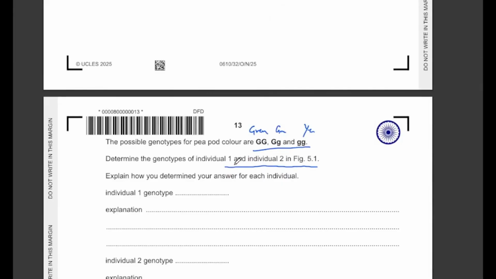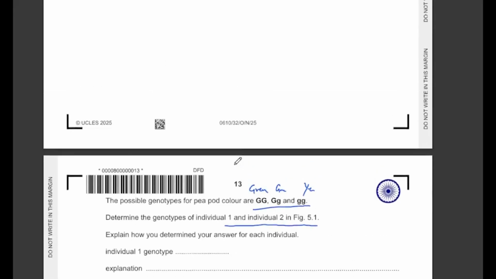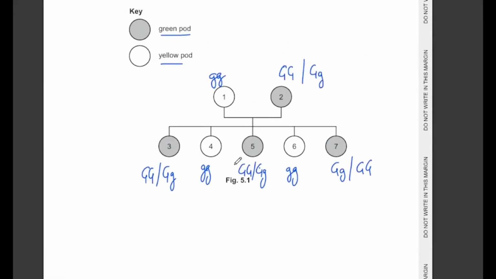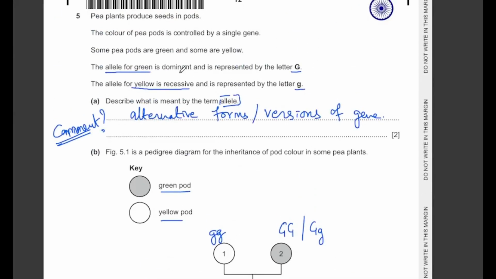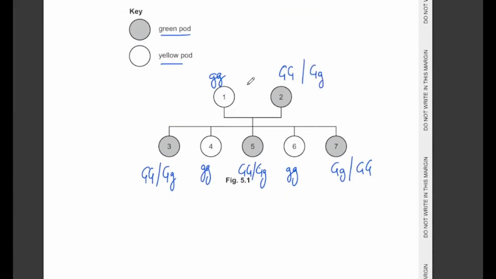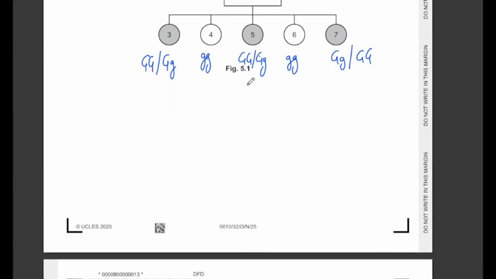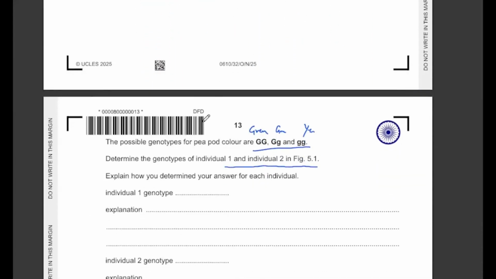Explain how you determined your answer for each individual. Now individual 1, what would be the genotype of 1? Of course it is a recessive one, and recessive is possible only when you have a recessive gene, right? So it's homozygous, and it's a recessive.